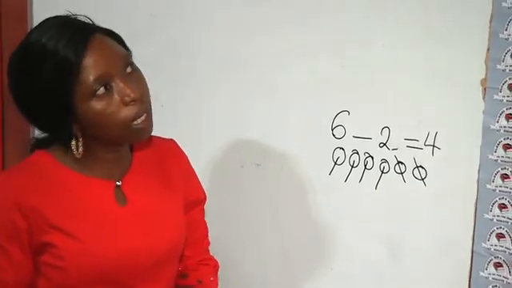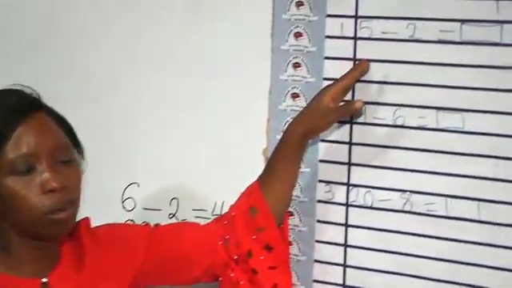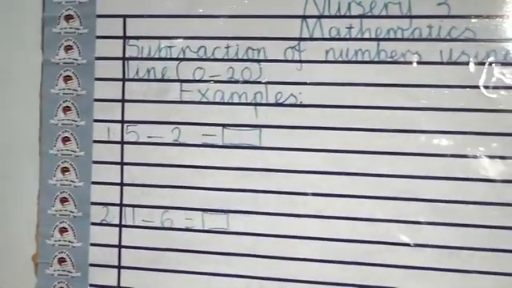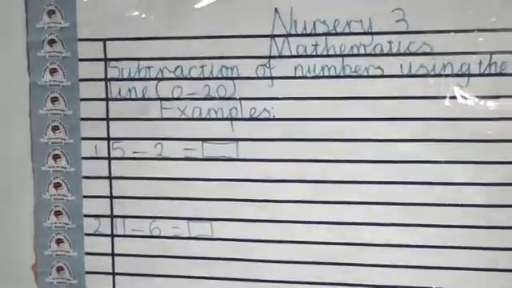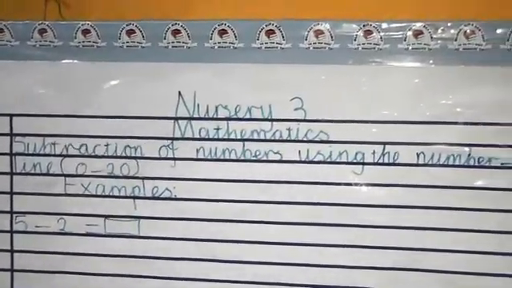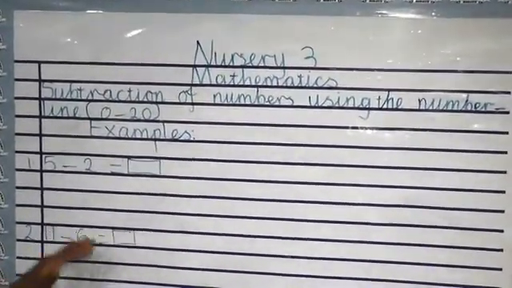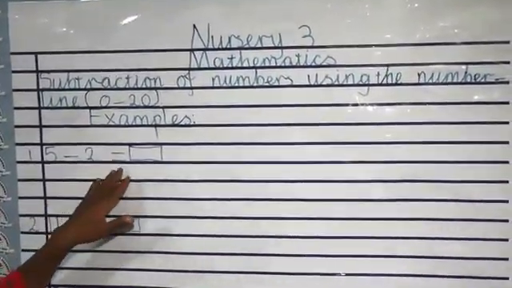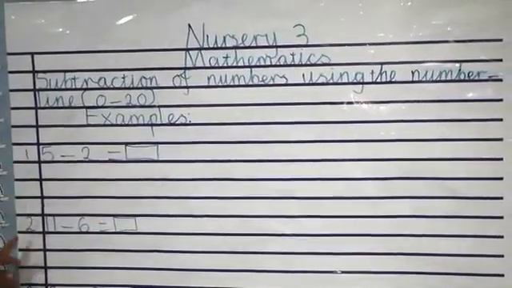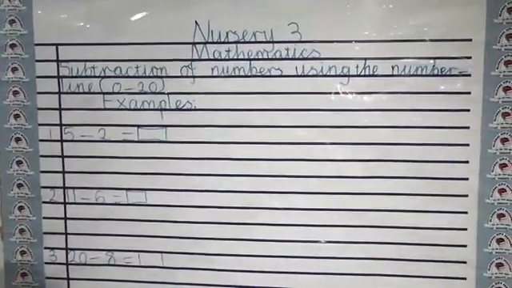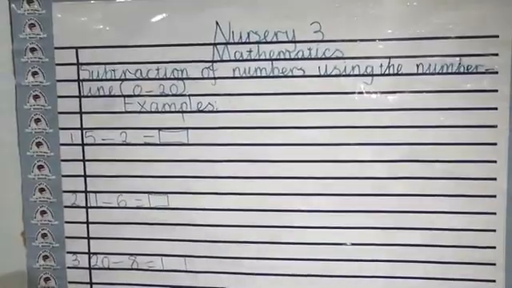Now, today we'll be looking at subtraction using the number line. Okay? As the name implies, we are going to be using a line with numbers to subtract numbers. Now, this is how we form the line.